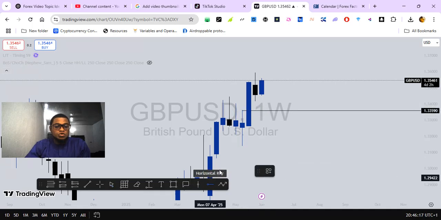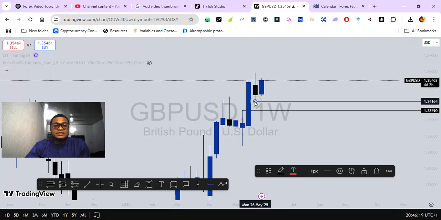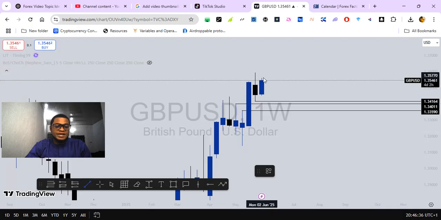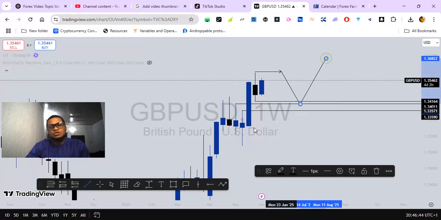I won't be surprised to see price respect this rather than going down for that fair value gap on the monthly. You also have an old high here, so this is like a perfect setup for me. I won't also be surprised to see price do more of like a runoff, come up to this place, clear it off, and come down to here, and then we continue our move.